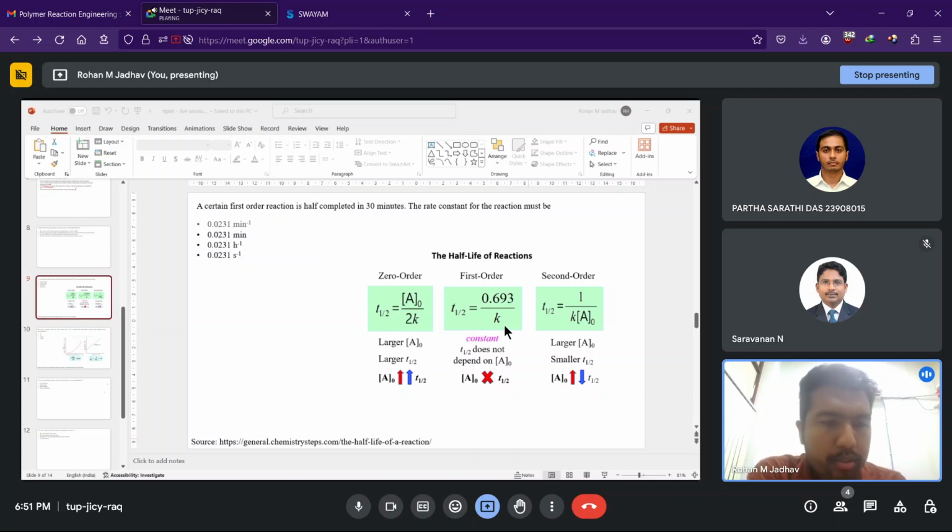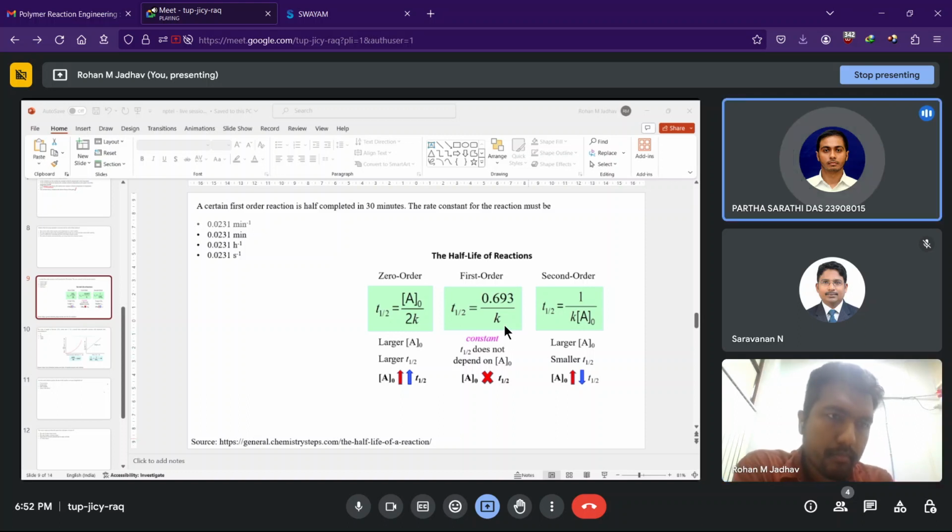Now integrate these two. The integral of 1 by C_A is ln C_A, so you will be left with ln C_A is equal to kt. Again, C_A is changing from C_A naught to C_A, so it will be ln C_A naught by C_A. You get it?